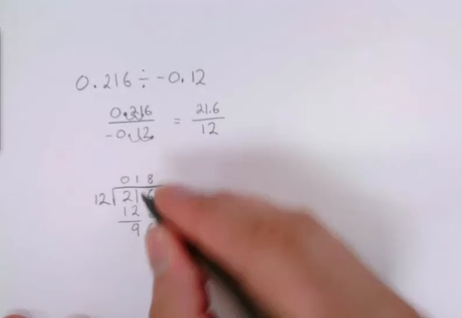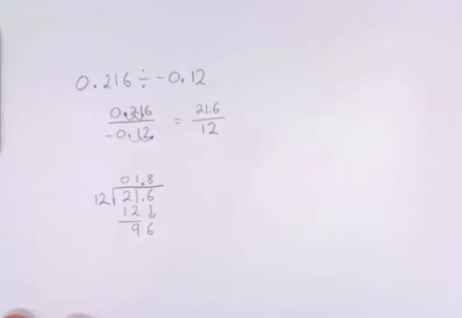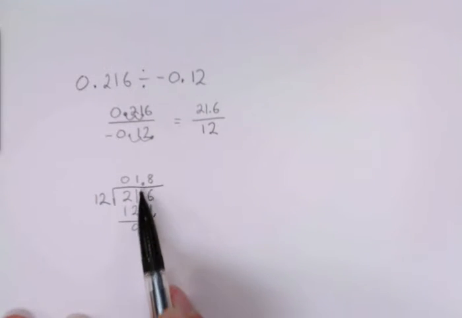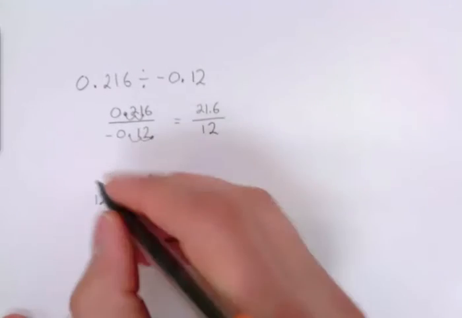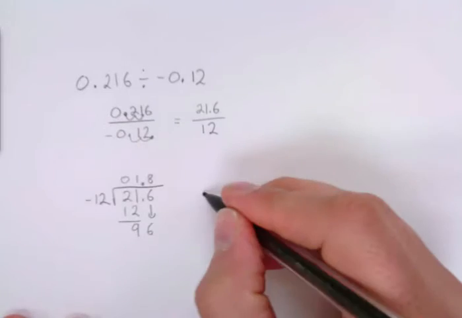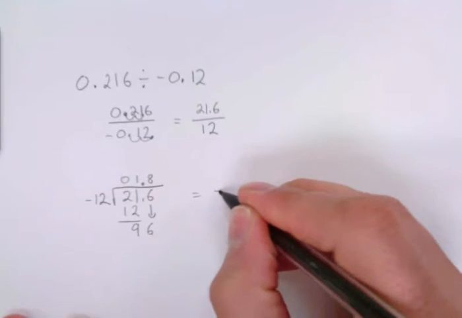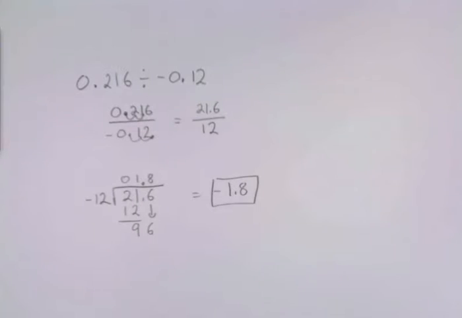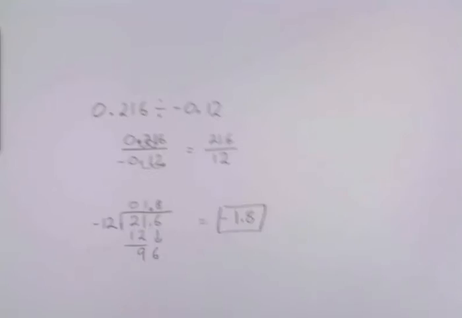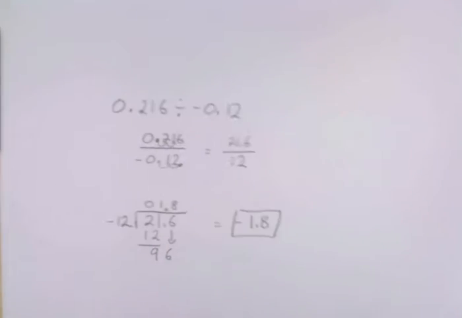Now, look where my decimal is. It's right there. So I have to put my decimal lined up exactly where the decimal should be. So my answer is going to be negative, equal to negative 1.8. All right?